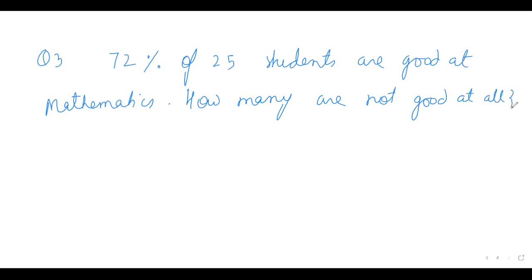So please try to do it by yourself. 72% of 25 students are good at mathematics. So how many students are not good at all?